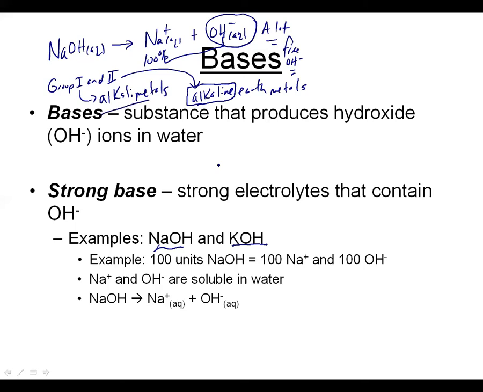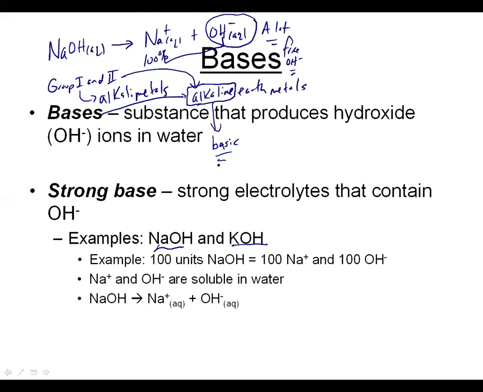So when somebody says it's alkaline, it means that the solution is basic. If you think about what's in those first two groups on the periodic table, you have things like sodium, which makes sodium hydroxide. You have potassium, which makes potassium hydroxide, calcium hydroxide, barium hydroxide. So a lot of really strong bases come from group 1 and 2 on the periodic table.